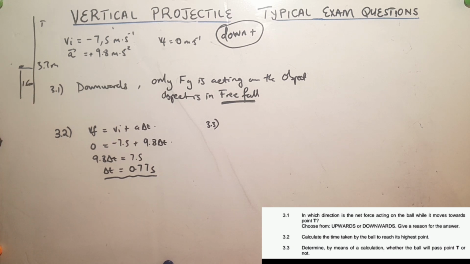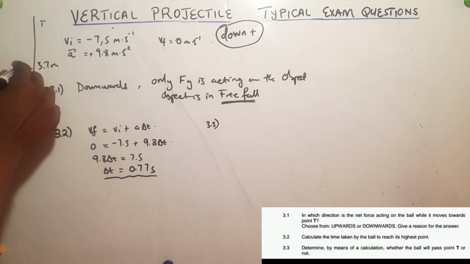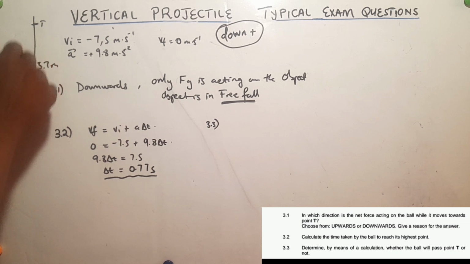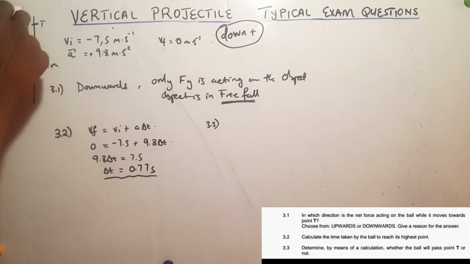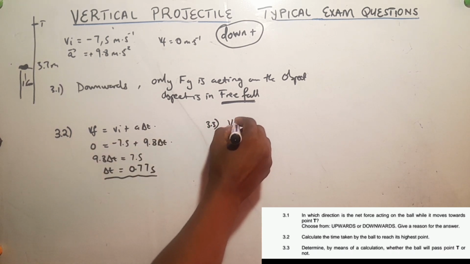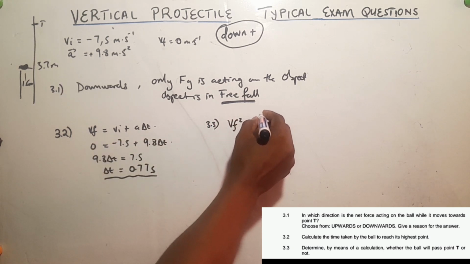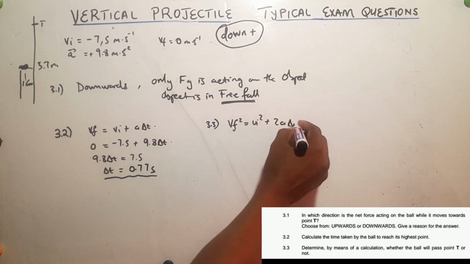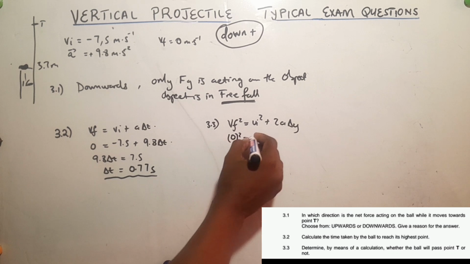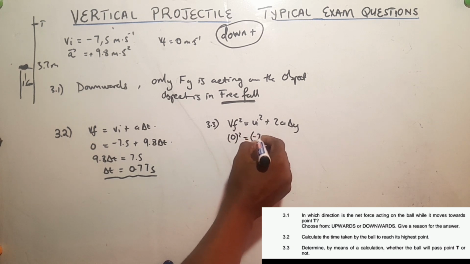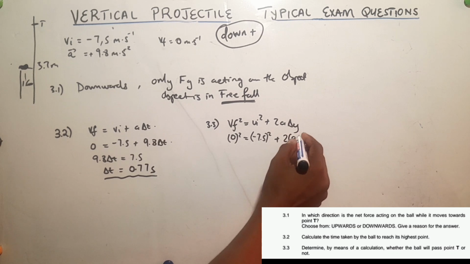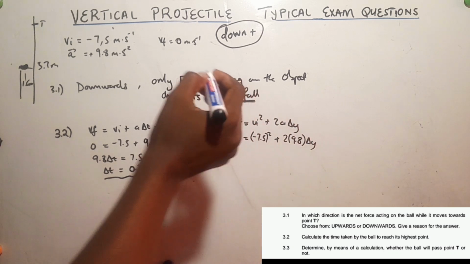So it means that we are trying to calculate the maximum height reached by the ball from this point, and we can add that to this, and then we see if it passes 3.7, right? So Vf squared equals V initial squared plus 2 acceleration change in y.